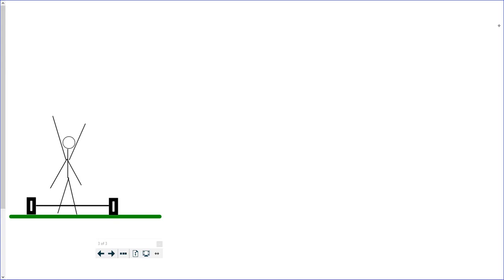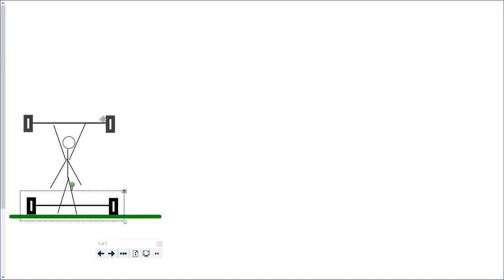When he lifts it up, it goes to the head height. So this load he is going to lift, and as he lifts, it goes to the head height.